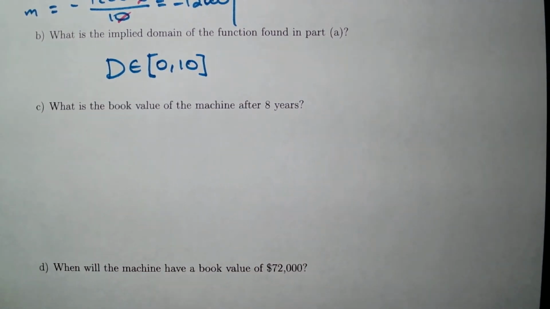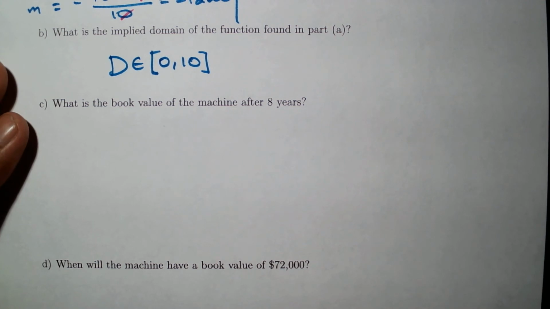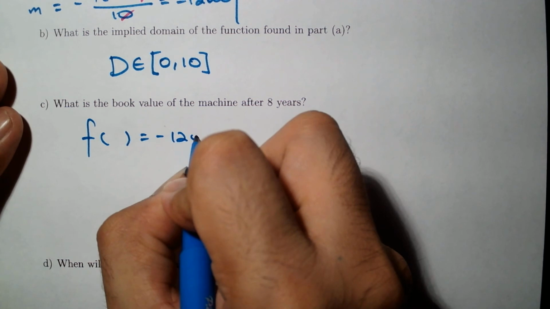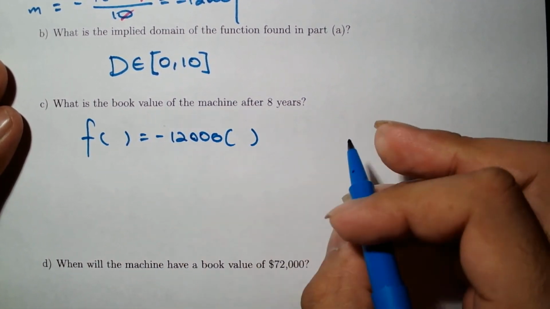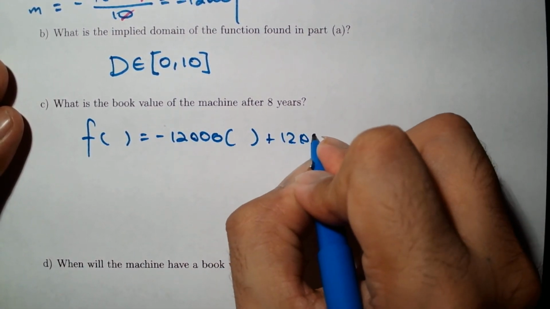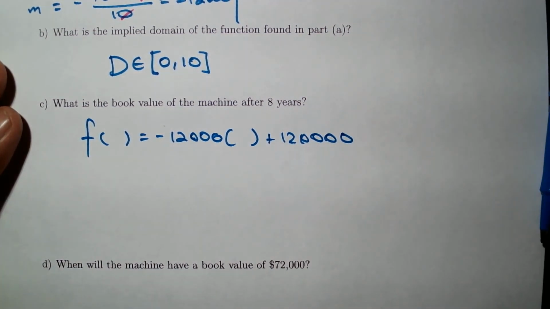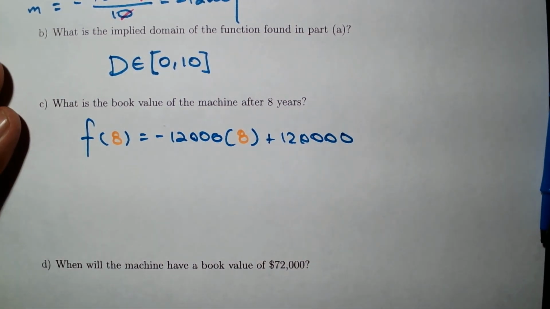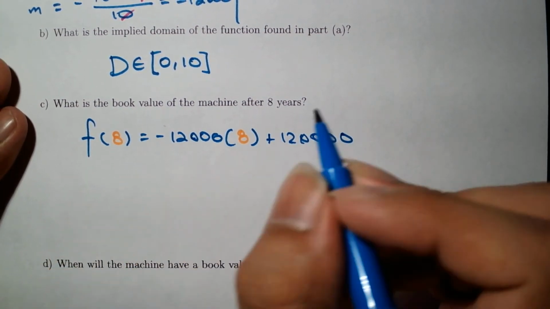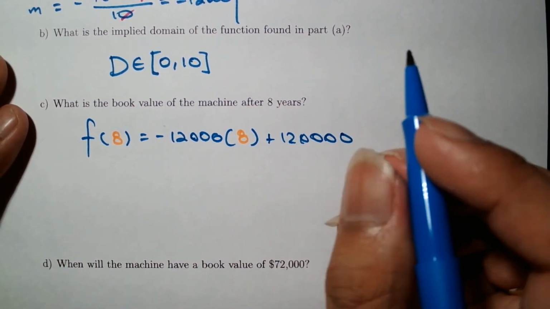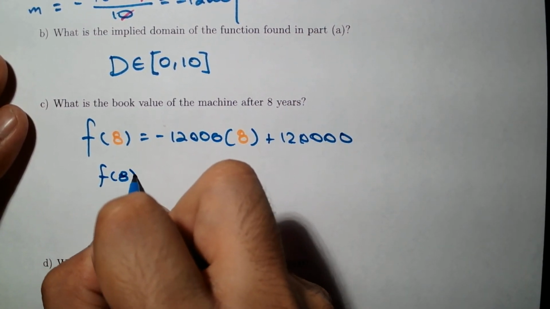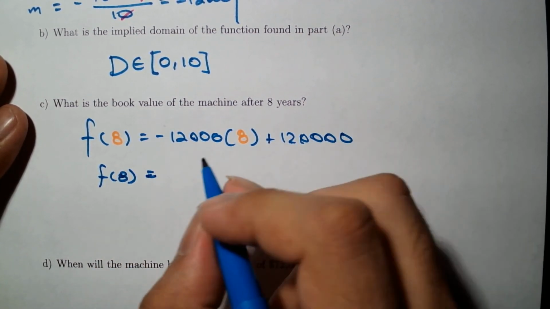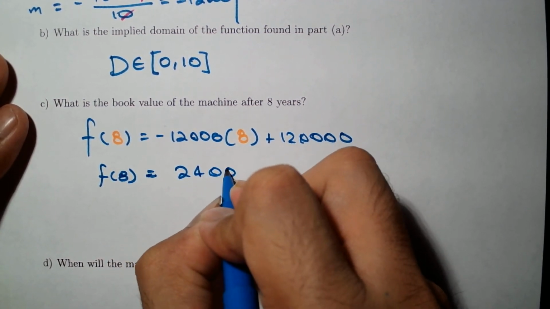Now, what is the book value of the machine after 8 years? All we have to do is evaluate the given function or plug in the number x equals 8. So plug in 8, and f of 8, if we use a graphing calculator to simplify this, our final answer will be $24,000.